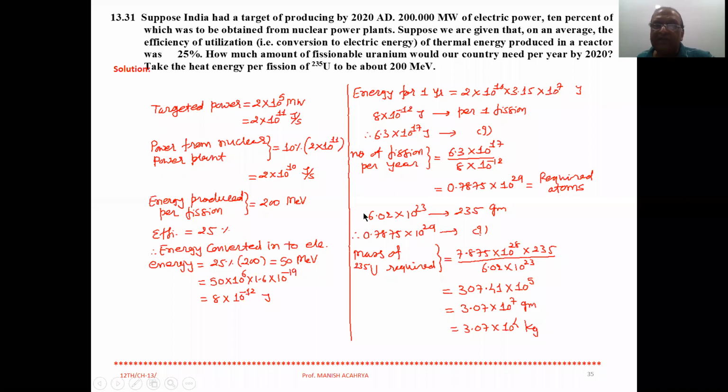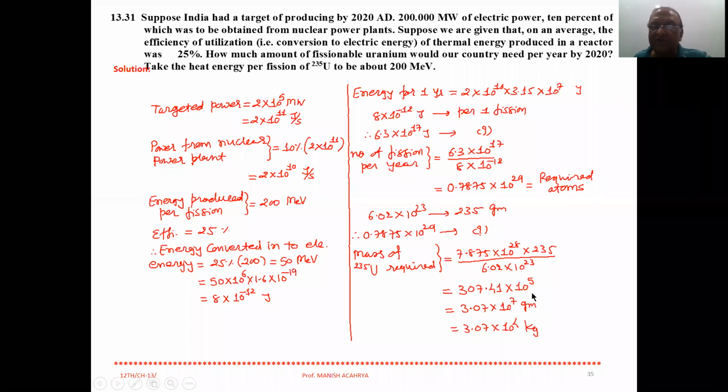Now, if 6.02 into 10 raised to 23 atoms are required, then the required mass of uranium is 235 gram. So for 0.7875 into 10 raised to 29 atoms, how much mass of uranium is required? The mass of U-235 required is 7.875 into 10 raised to 28 into 235 upon 6.02 into 10 raised to 23.